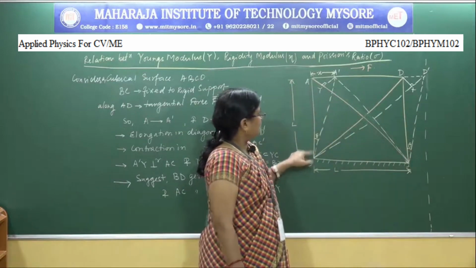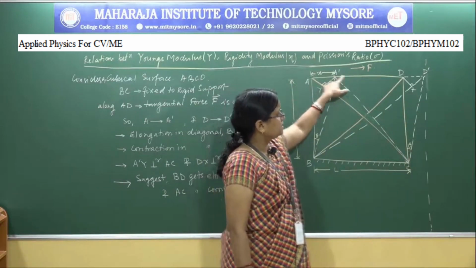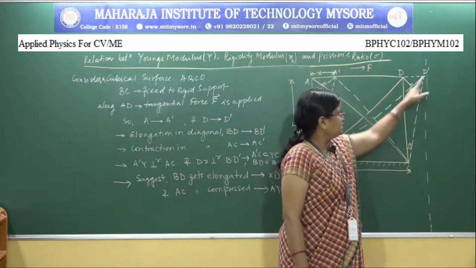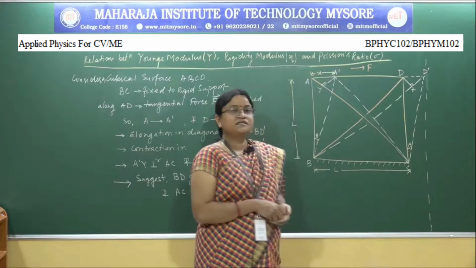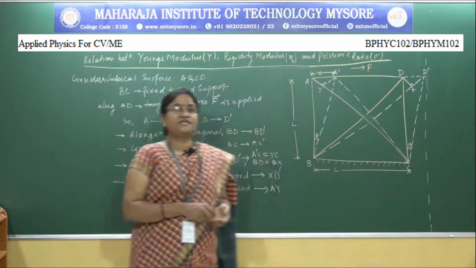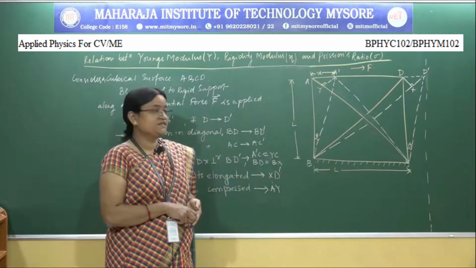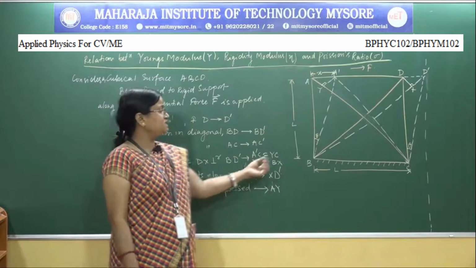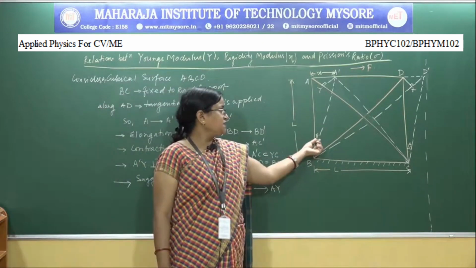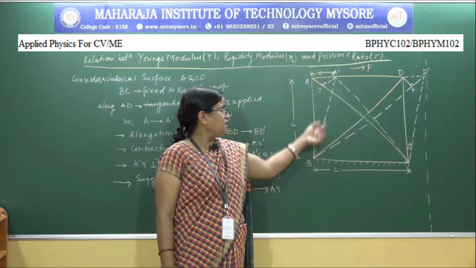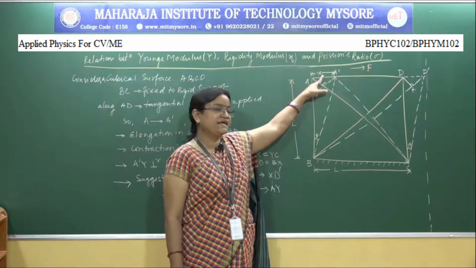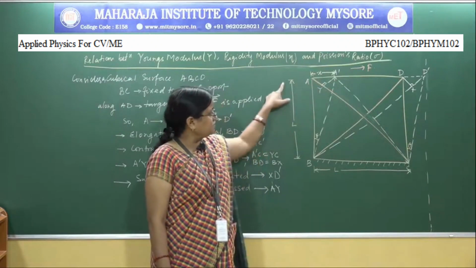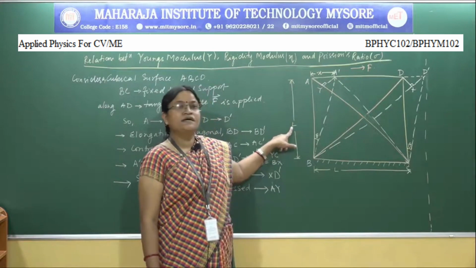So ABA dash is theta and DCD dash is theta, and this theta is nothing but the shearing strain as explained in the previous class. As there is a small change in angle, the shearing strain itself can be considered as theta, which will be equal to the change in the dimension, that is x, over the original length of the cube, that is L.